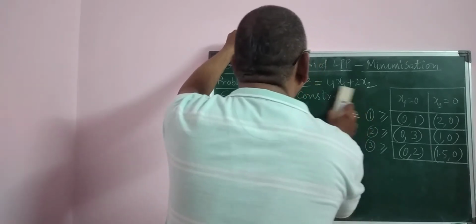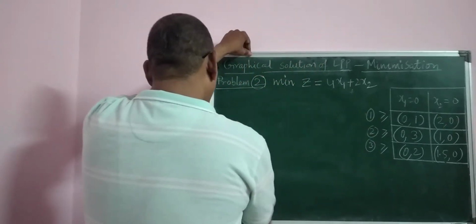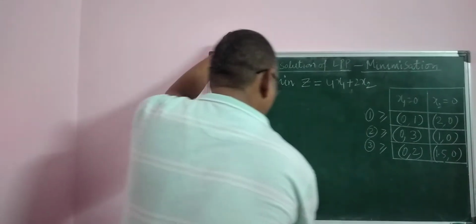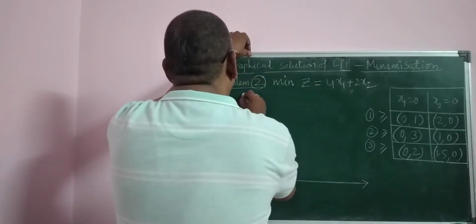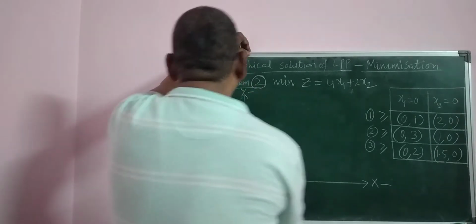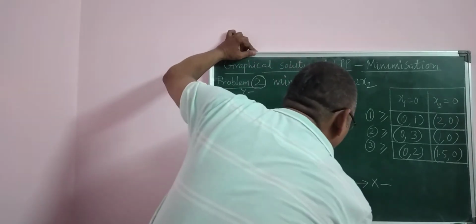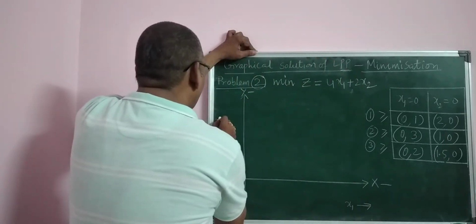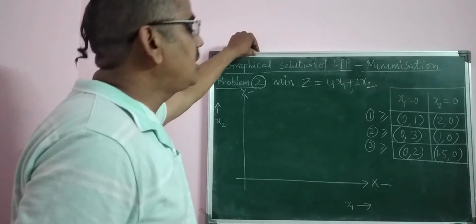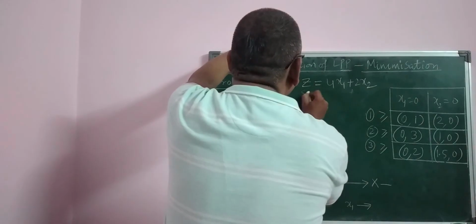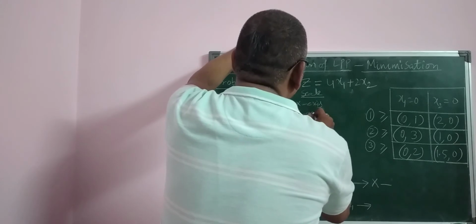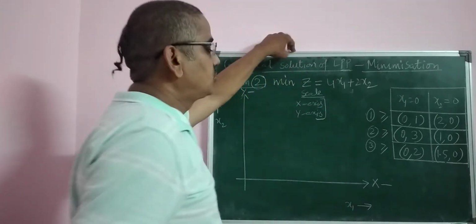So now I am taking a graph, for which I am drawing 2 axes, x-axis and y-axis. x1 values I am considering on the x-axis and x2 values on the y-axis. Now you see, to consider the scale, this is the scale on the x-axis and y-axis, similarly as in the previous problems.